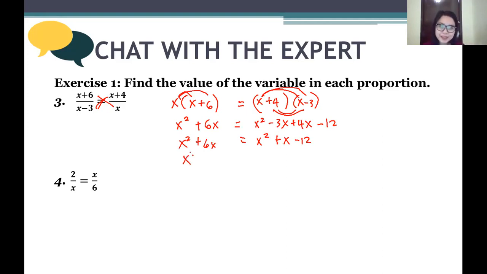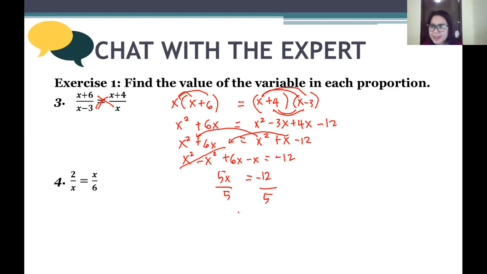So x squared transposes to minus x squared, 6x transposes to minus x, equals negative 12. There. So we have 5x equals negative 12. Divide all by 5. Our x is negative 12 over 5.